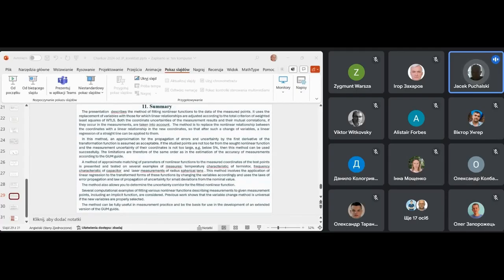One of the parameters can be used to obtain the linear relation between new variables. It's always possible. The mathematics gives us the possibility to always use such a derivation.